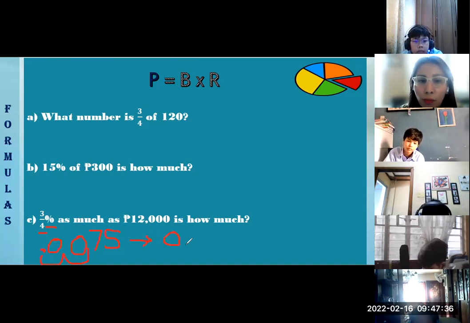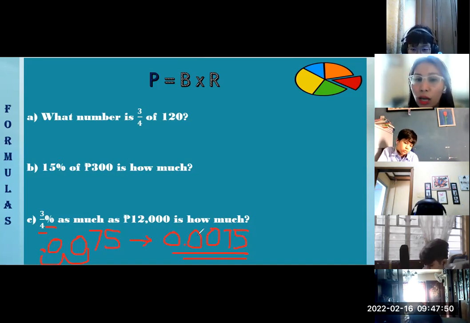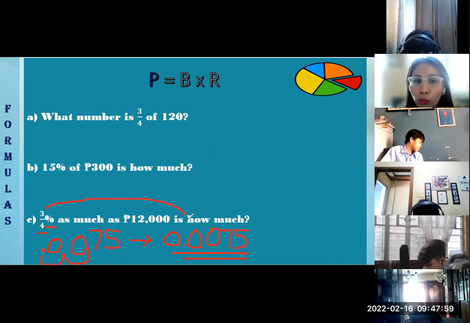It's now 0.00 bago yung ating digit na 75. Ito po yung ating magiging rate. Ito yung correct form ng decimal if we convert percent to decimal. Naintindihan po?